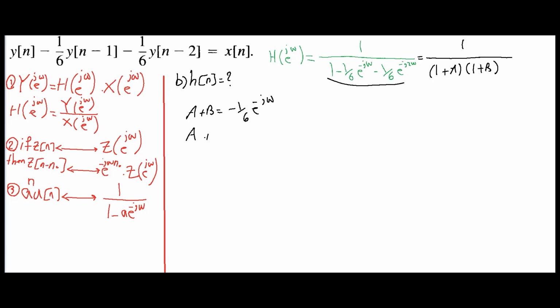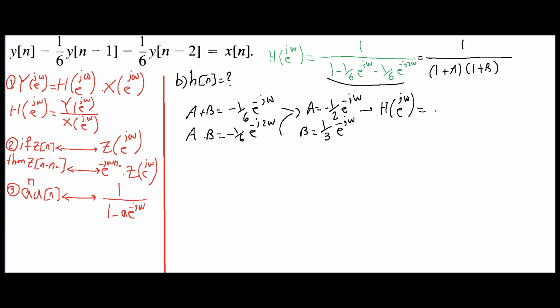We treat the denominator as a second-order expression written as the product of two first-order terms. From this, we determine the corresponding coefficients, where one term involves minus 1/2 e^{−jω} and the other involves 1/3 e^{−jω}.